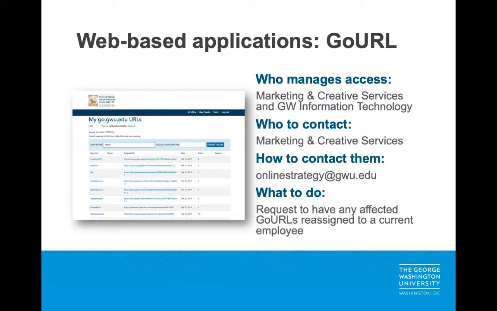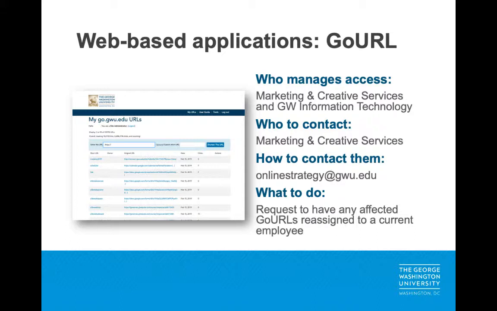If there is a GoURL out there that you need to have reassigned, because the person who maybe was managing it before is no longer in that role, the process is actually co-managed by my team, Marketing and Creative Services, as well as GW Information Technology. What my office does is we will vet the request. Our policy is that we do not reassign GoURLs that are owned by active employees or staff, if the case may be.